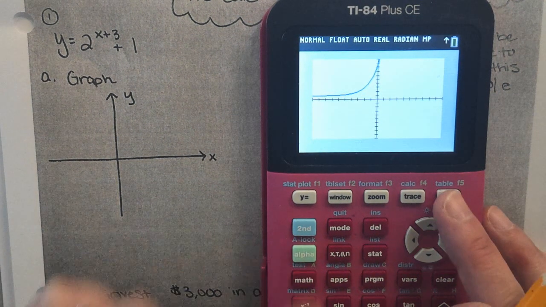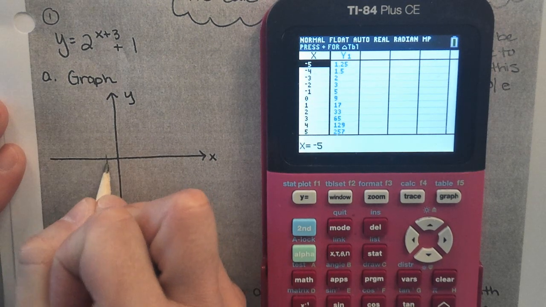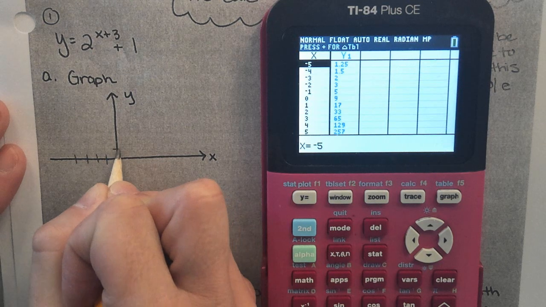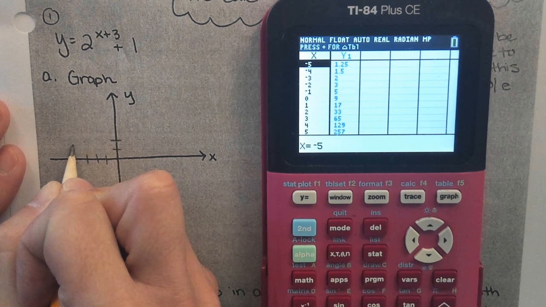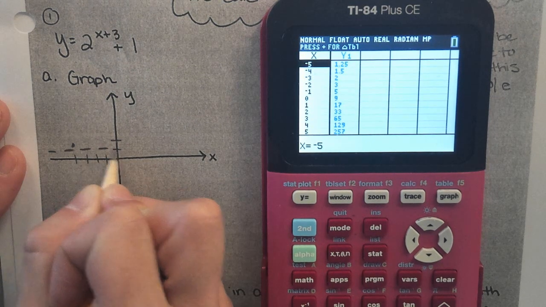So I'm going to go to the second graph, and I'm going to look at some of my ordered pairs. I've got a point at -4 and positive 1.5. I've got an asymptote at 1.